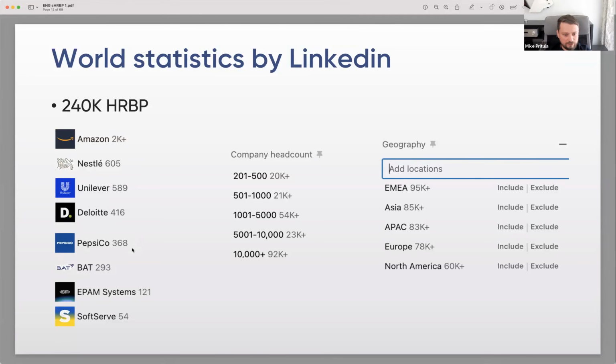Deloitte, PepsiCo, I think this is British American Tobacco, I think, EPAM, and SoftServe.